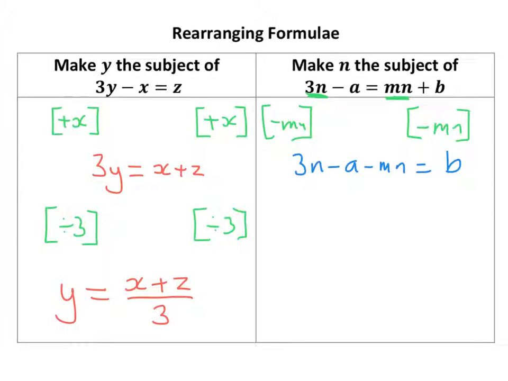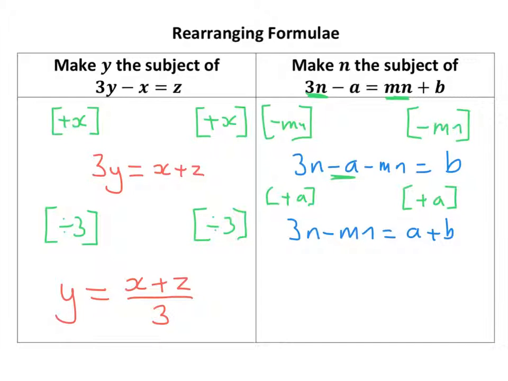Now I've got this errant minus a here, so I'm going to add a to both sides. I better make it a little bit smaller in case I run out of room, but there you go. And I end up with 3n minus mn equals a plus b, or b plus a, doesn't really matter which.